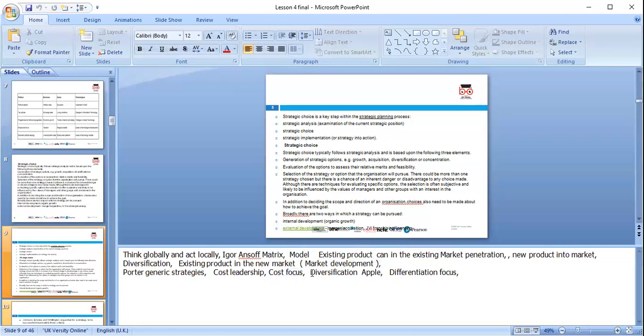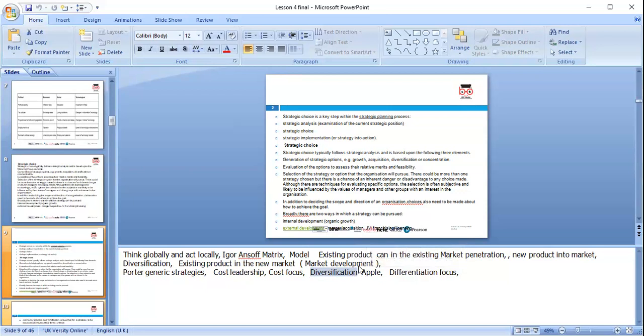When we say differentiation, it means you innovate and are totally different from your competitors. Like Apple: the iPhone is a phone, but Apple has its cloud version and more innovations within the iPhone. Basically it is the differentiation strategy, not differentiation focus.